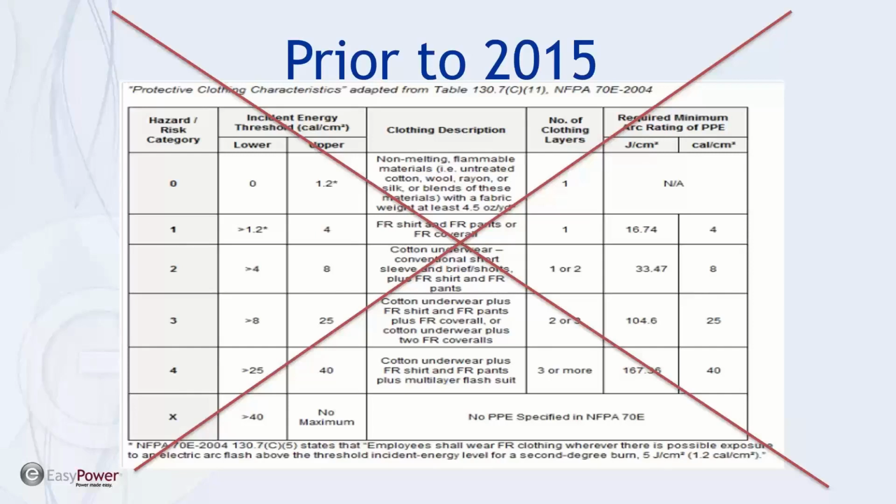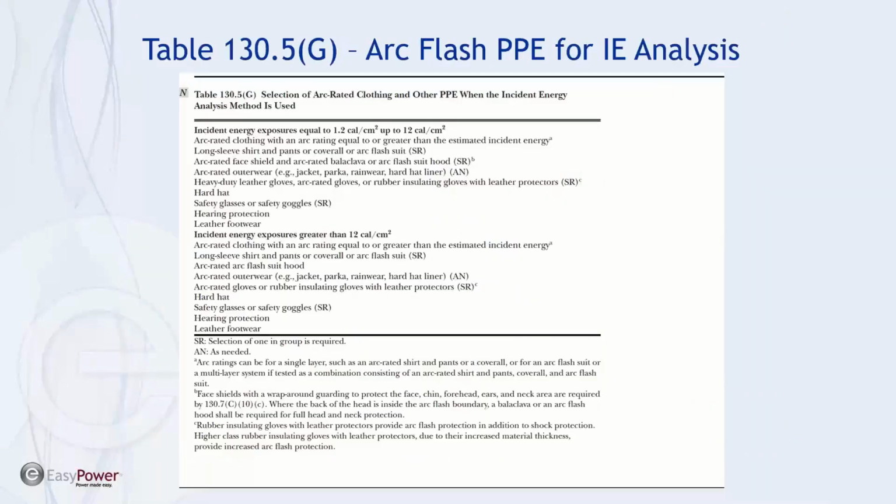Now, the significance here is prior to this time frame, the HRC category itself basically topped out at 40 calories, and the admonition was no work is done above that 40 calorie limit because there was no specified PPE in the market. Well, in 2015, whether we were aware or not, there was the development of higher capability PPE.